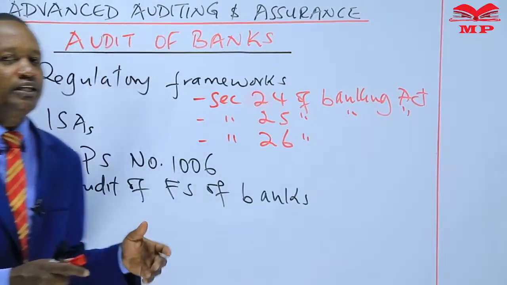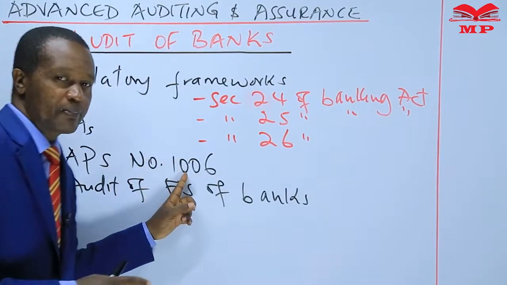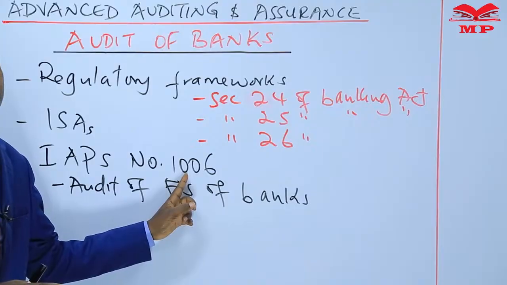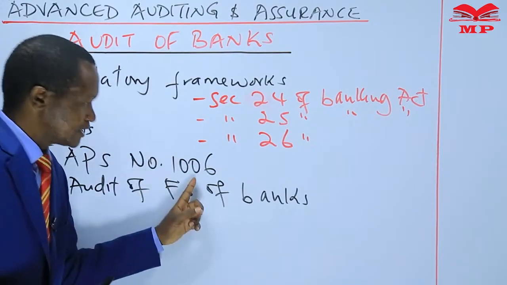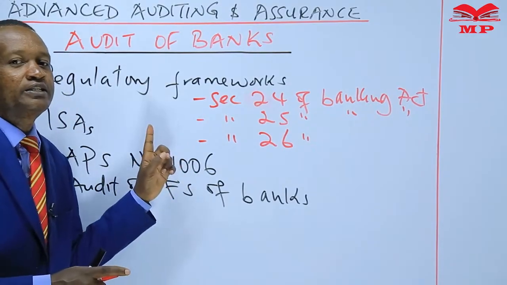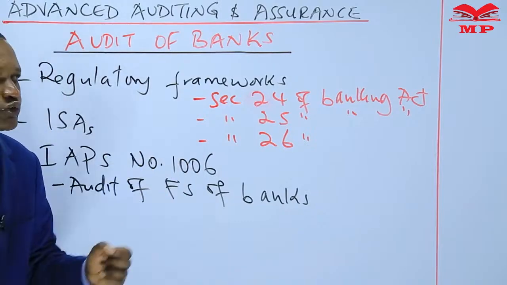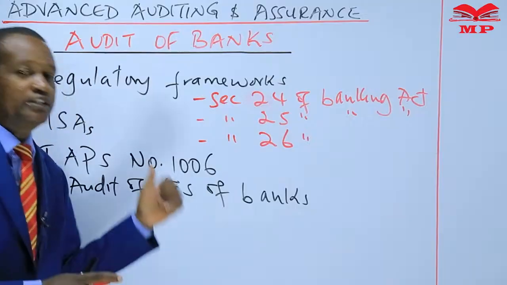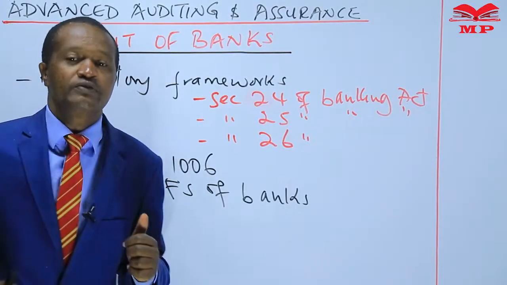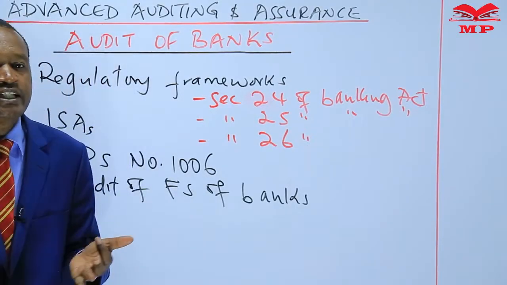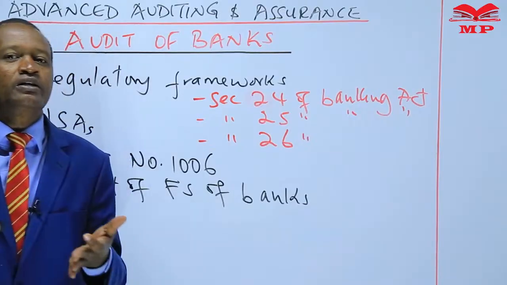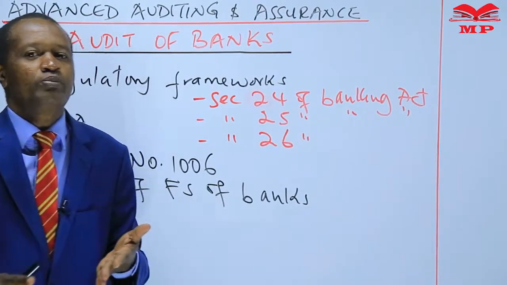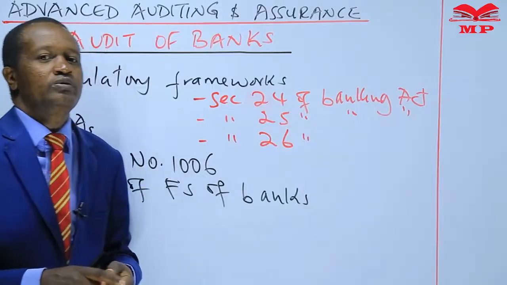So the primary purpose of this statement is the provision of guidance on the audit implications of such activities. I've mentioned activities like borrowing, lending, settlement, trading, treasury operations, and so on.